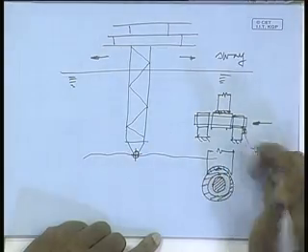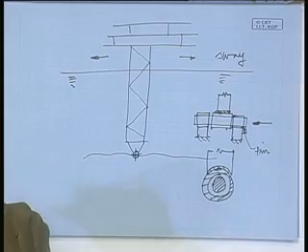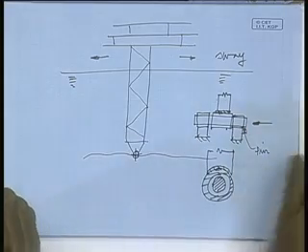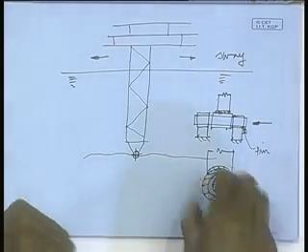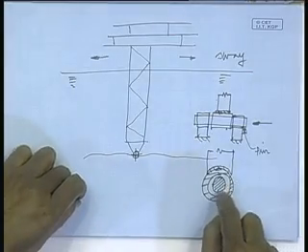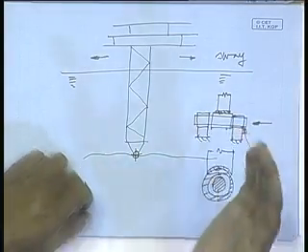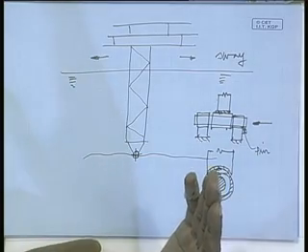So either the pin is rigidly clamped to the seabed and over this cylindrical part the middle part moves, or the pin is rigid to the cylindrical part and these two bearings are free to rotate.